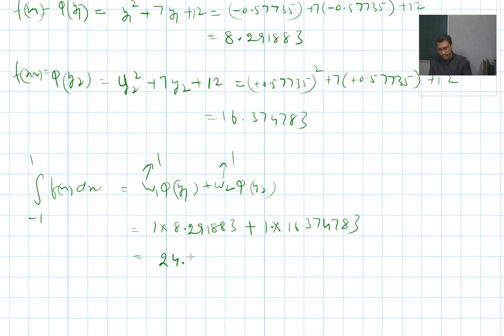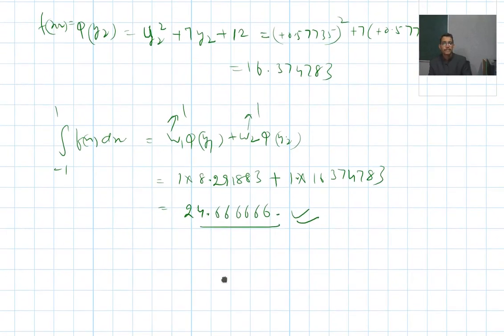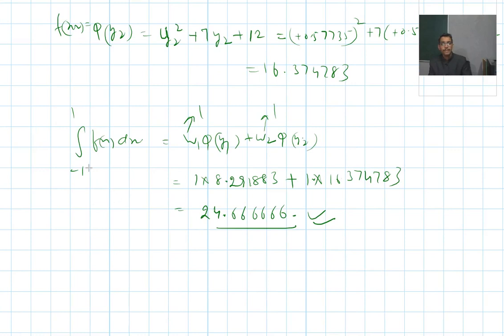24.666666, right? This is the result. Now let us compare this result, which is equivalent to the integral from 2 to 4 of x square plus x dx.